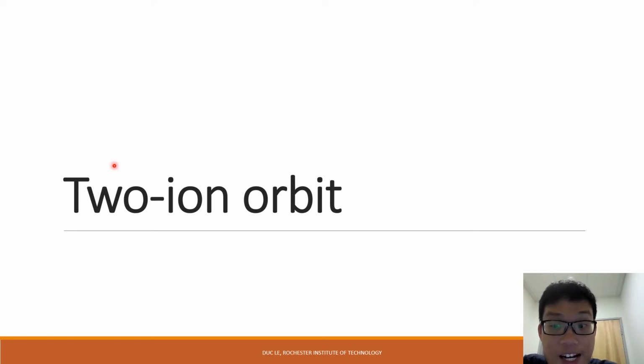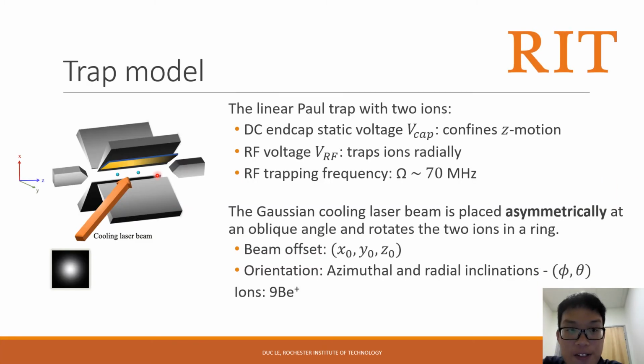Now that we have an idea of how ion trapping works, let's move on to the specific setup of our experiment that we have been studying during the course of our research, which includes a linear point trap and a cooling laser beam.